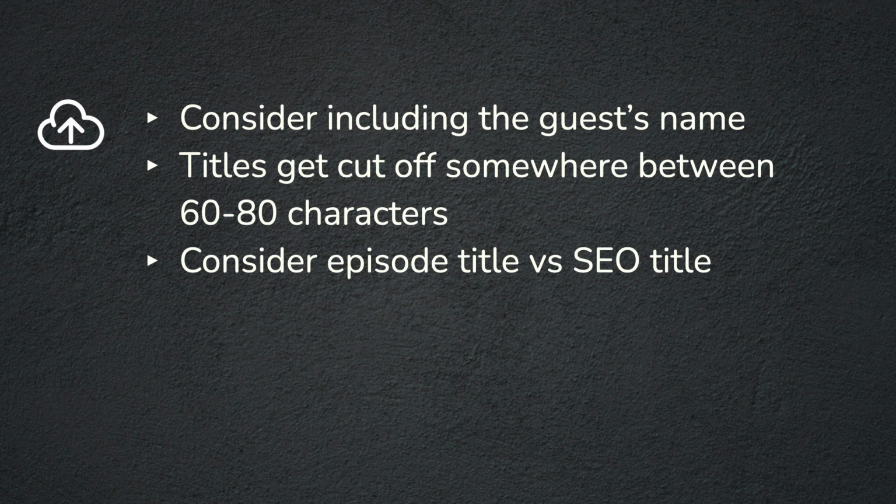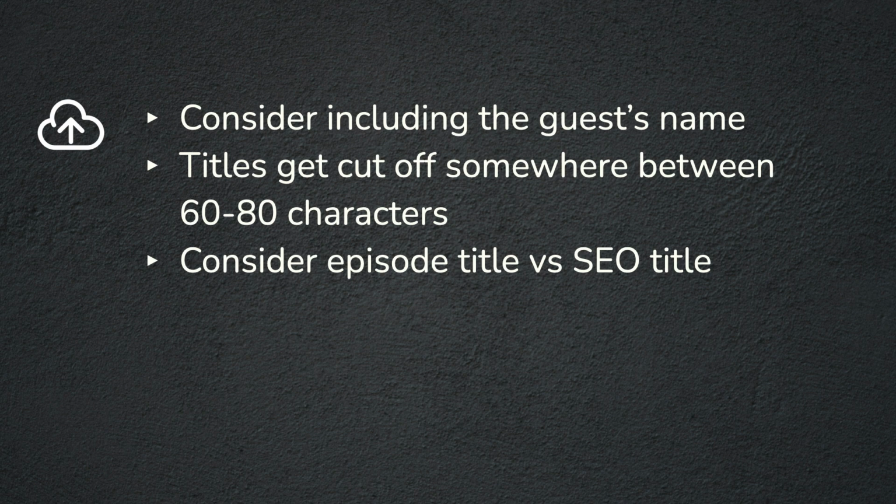Now, on the web, of course, we can have a slightly different title or a completely different title for our episode. So if you're targeting search engines and you're hoping that your audio will be discovered via Google search rather than people typing stuff into their podcast app, then, if you're using an integrated service like Captivate, you can set a different SEO title, if you like, for your episode webpage.